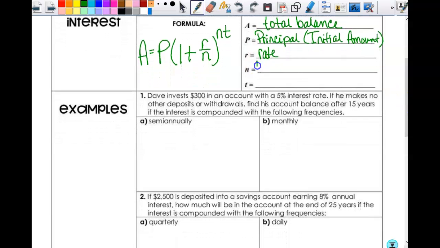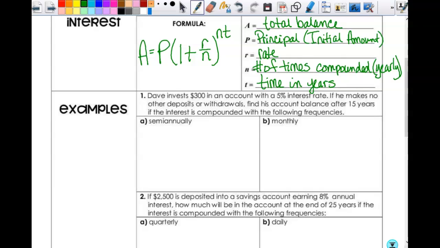N is the number of times compounded, and that's always based on a year, so that's yearly. Number of times compounded yearly. And the T is the time in years. Okay. All right. We're all good with that. Right, so it looks a little bit different, but it has to do with how often we're compounding here.